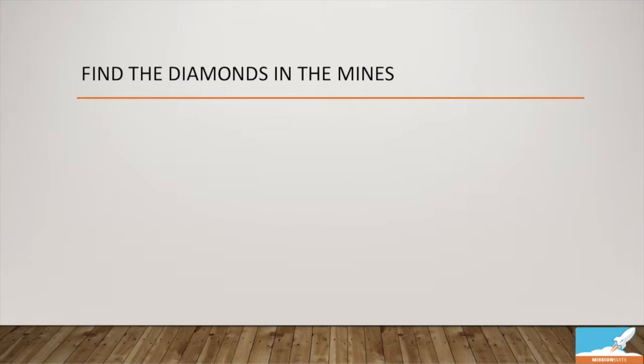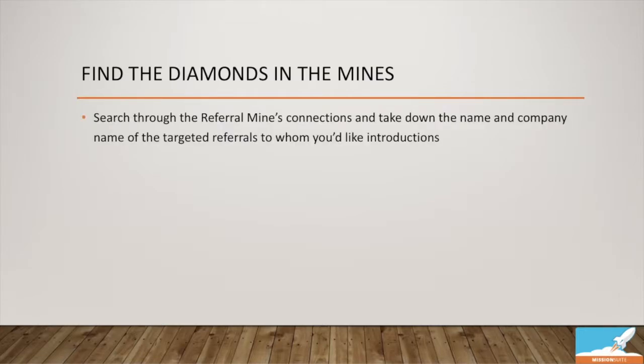And now, finding the diamonds in the mines, right? This is where you actually start going through and looking at their contact lists. You want to go through and search that referral mine's connections, and you want to write down the name and the company name of the targeted referrals to whom you'd like those introductions. So again, the name, company, and I didn't put it in here, but also title as well.